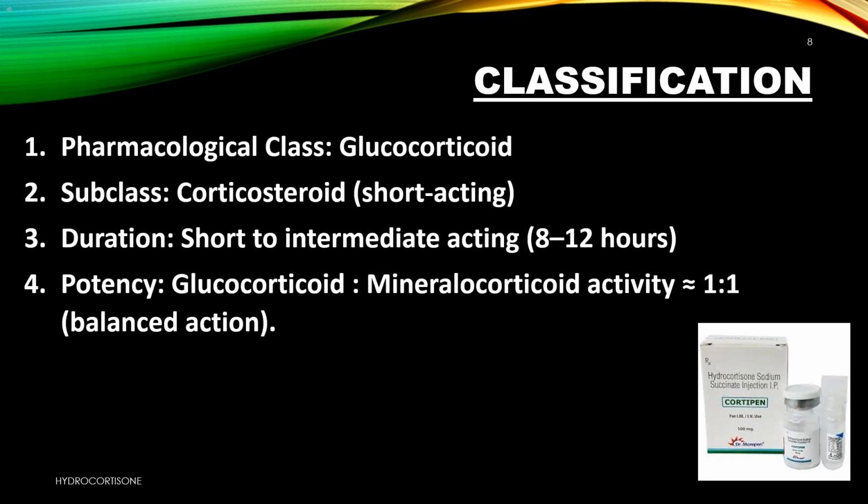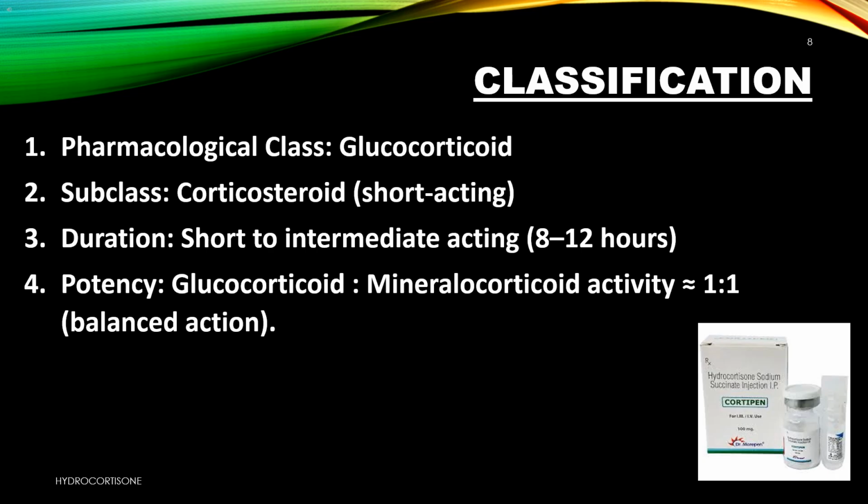Classification of hydrocortisone. 1. Pharmacological class. Hydrocortisone belongs to the glucocorticoid class of medications, which mimic the effects of cortisol, a naturally occurring hormone produced by the adrenal gland. 2. Subclass. Hydrocortisone is a subclass of corticosteroids, specifically a short-acting glucocorticoid, meaning it has a relatively short duration of action in the body. 3.